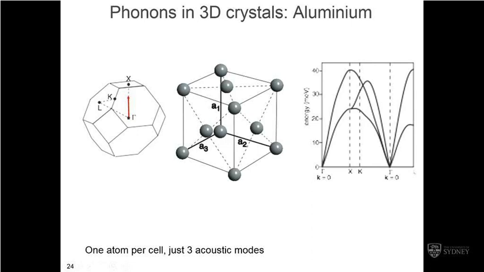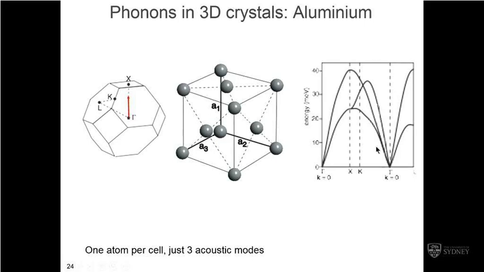So we do the same thing. We can plot out the modes as we go along lines in k-space. And what we see is the 3 acoustic modes for aluminium. Because there's just 1 atom per cell, we always get 3 acoustic modes, so that's what you get for aluminium.